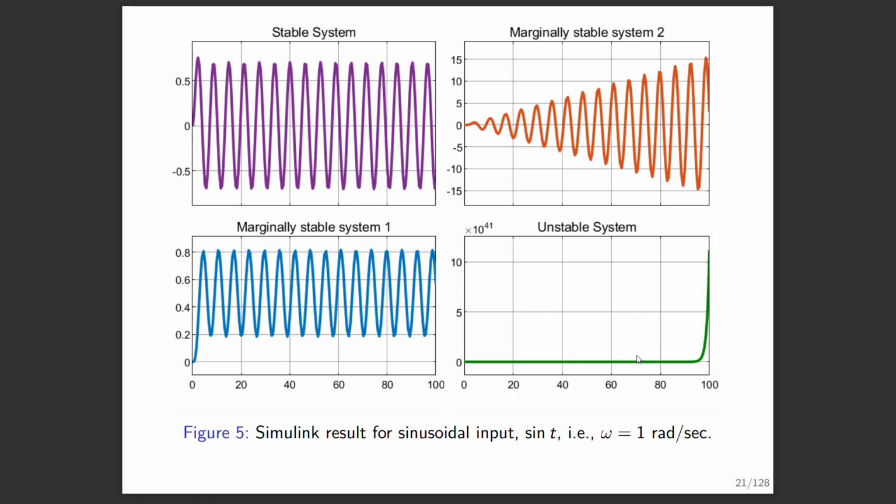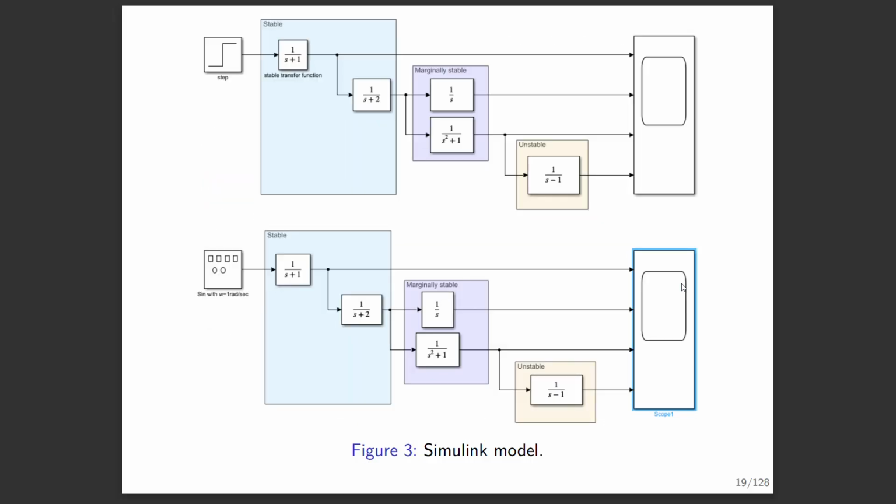The response to a sinusoid is unbounded as well. So for an unstable system, it doesn't matter what the input is, as long as it is bounded, you're going to have an unbounded output. So that's the unstable system.